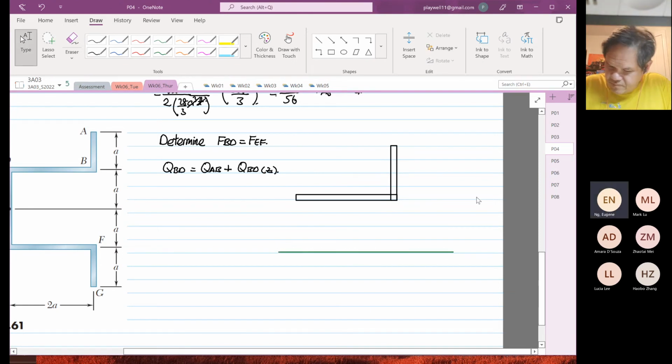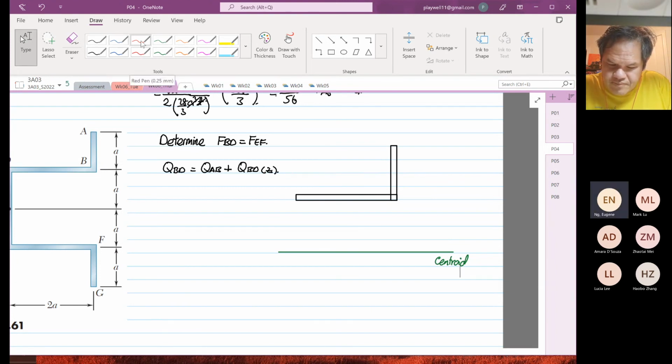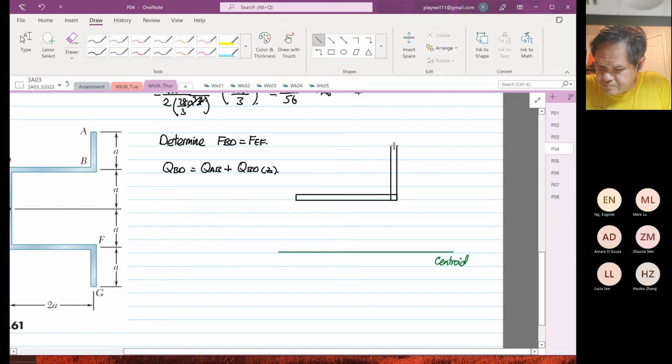Again, this is our centroid. I'm going to draw in orange to highlight the center line.